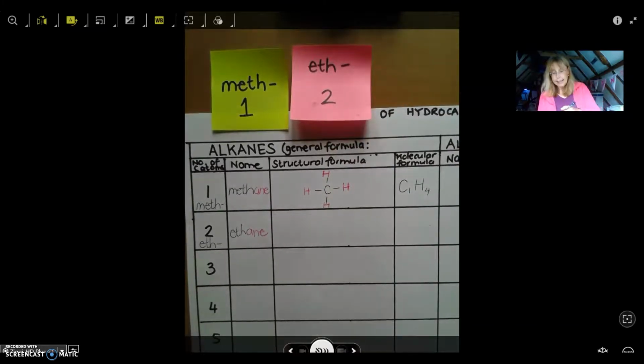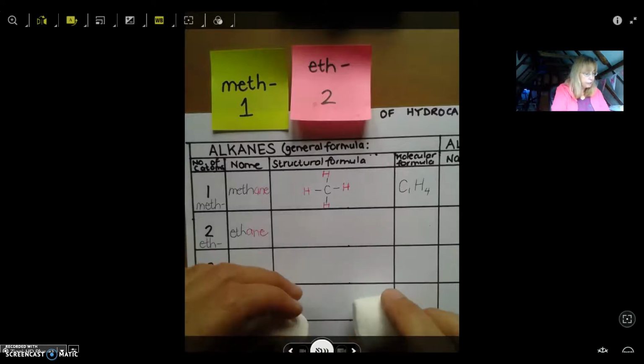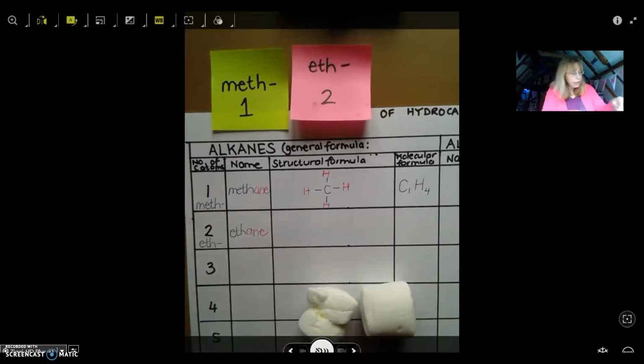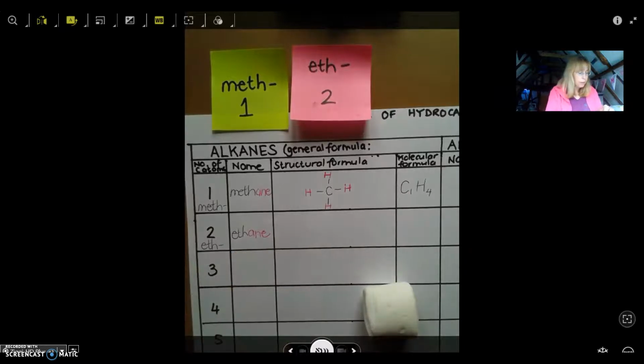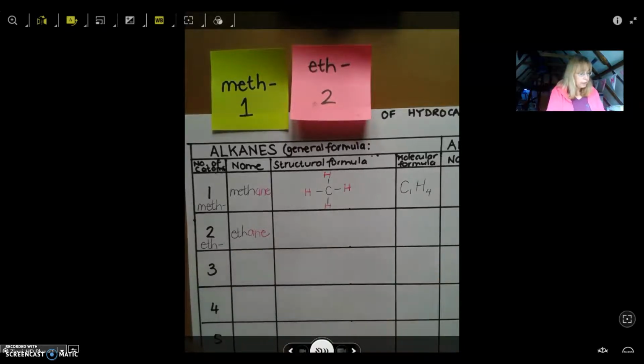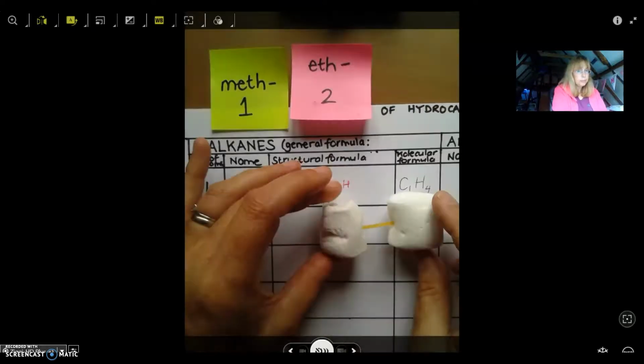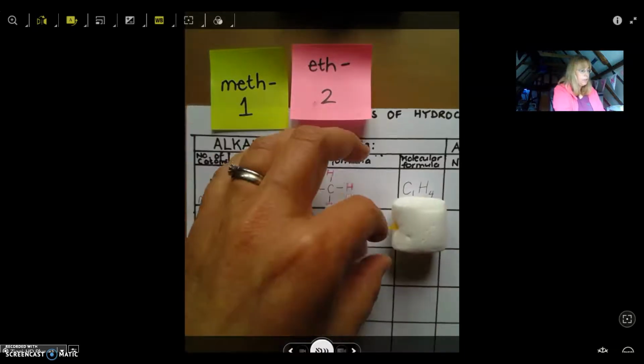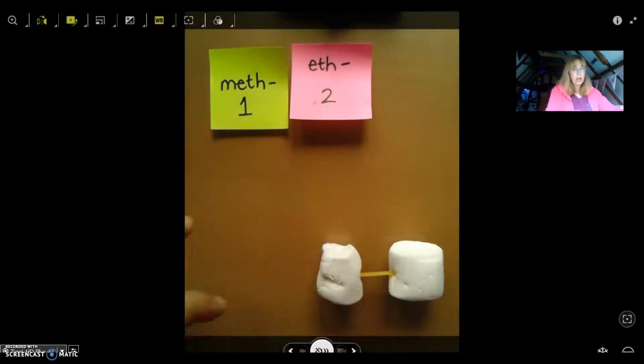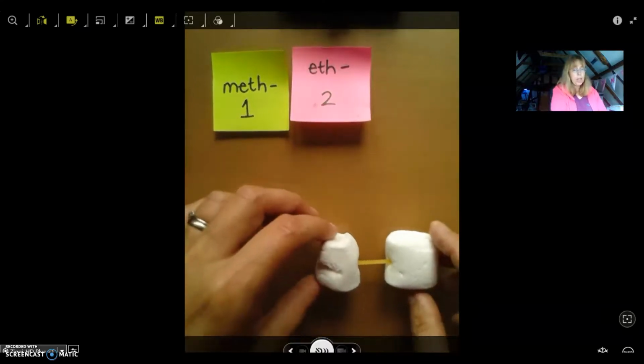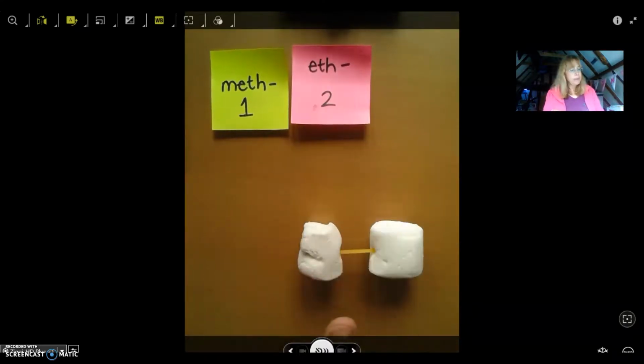Now let's get the marshmallows out. So this time I'm going to have 2 carbon atoms. Okay, so I'm going to join those 2 carbon atoms together, 1 and 2. Right, I'm just going to remove this so we can focus on our marshmallows. So for ethane, I'm going to have 2 carbon atoms joined together with a single covalent bond.